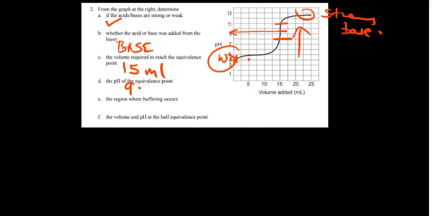And then it says the region where the buffering basically gets to occur. So where do we expect the buffering to occur? So buffering, of course, we know a buffer solution. What we expect for a buffer is there is basically no or little change to the pH.